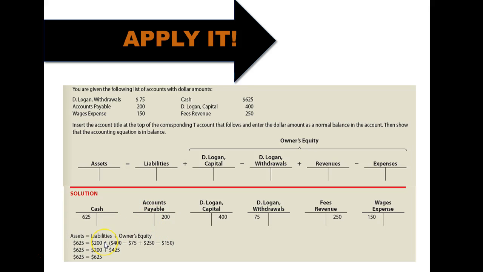And our owner's equity is going to be a combination of $400 minus $75 plus $250 minus $150. Ultimately, $425. Do you see our assets of $625 equal our liabilities of $200 plus our owner's equity of $425? Or assets of $625 equal liabilities and owner's equity of $625.